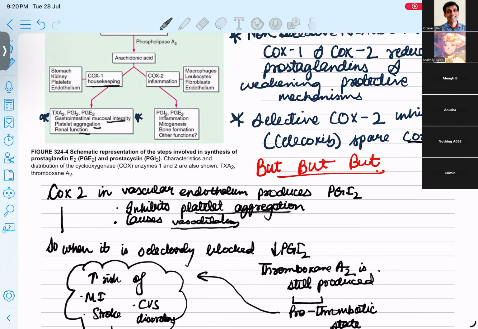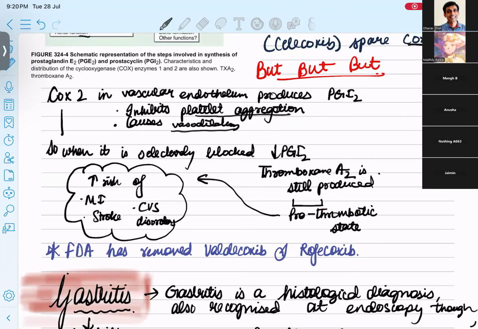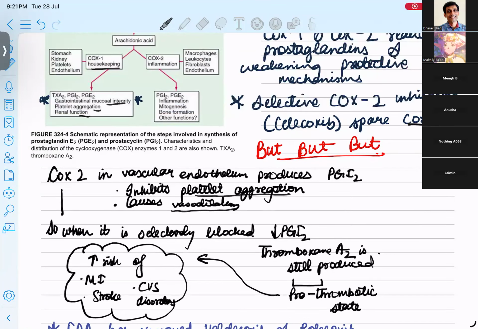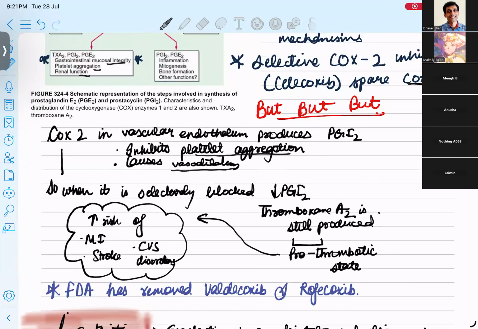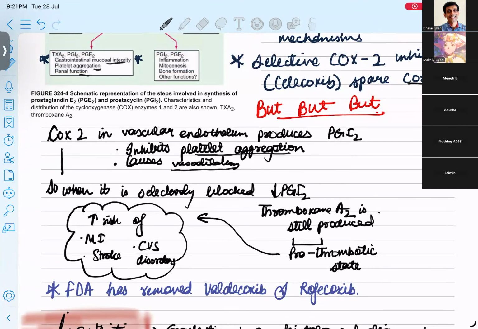But we also got to know कि COX2 has a very big role in vascular endothelium. So when it is selectively blocked, PGI2 is decreased, and then thromboxane A2 is still produced, क्योंकि thromboxane A2 तो COX1 से increase हो ही रहा है, which is causing platelet aggregation.